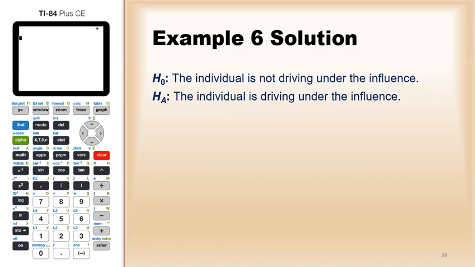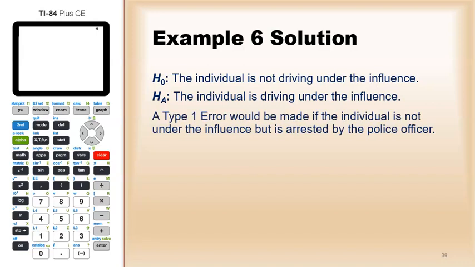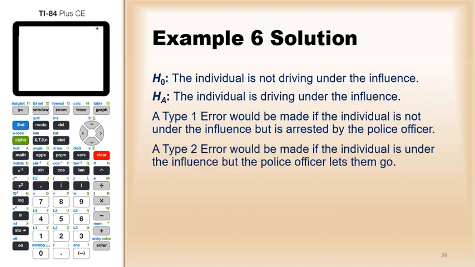So a type 1 error, again, is where the null hypothesis is true, but we reject it. So the individual is not under the influence, but is arrested anyway by the police officer. A type 2 error is where the alternative is true, but we fail to reject it. So a type 2 error would be made if the individual is under the influence, but the police officer lets them go.